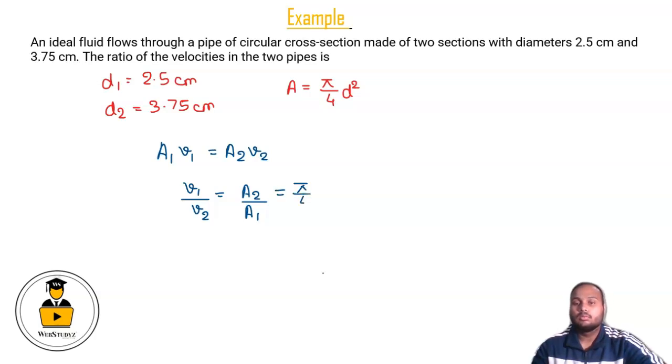So pi by 4 into d2 square, that is 3.75 square, by pi by 4 into 2.5 square. This will be equal to 9 by 4 if we calculate the values. So this is our answer.